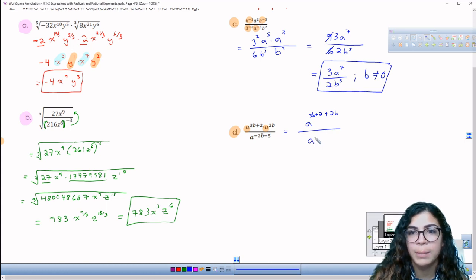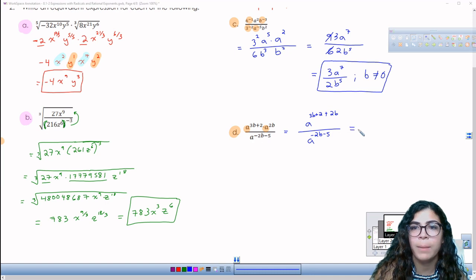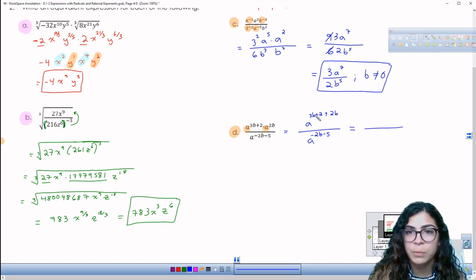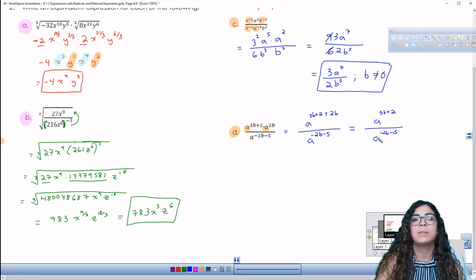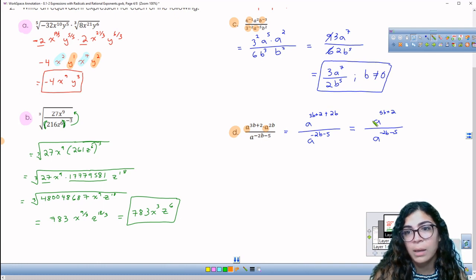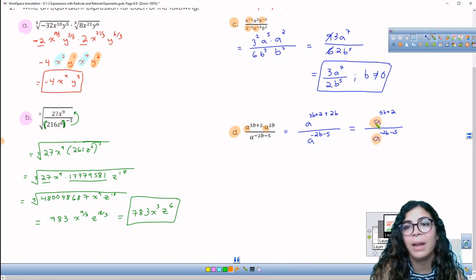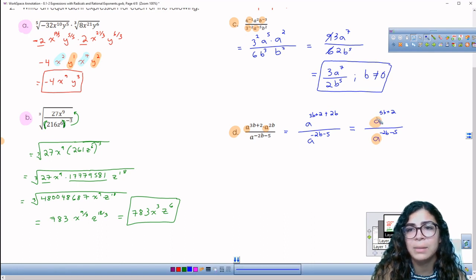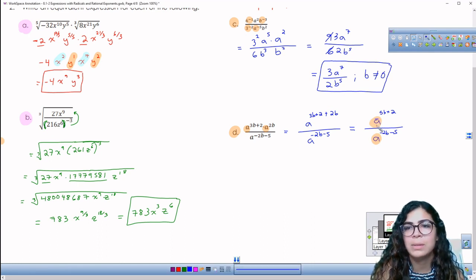And then, of course, the denominator, I'll just leave this alone for now. Okay, let's simplify that. 3b plus 2b is 5b. So now I have a to the power of 5b plus 2 over a to the power of negative 2b minus 5. Now we still have that same base of a. If the bottom base was something else, then I would be done. But we still have multiple bases of a, so I need to consolidate those.